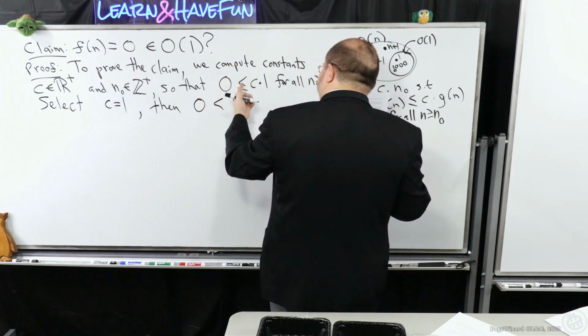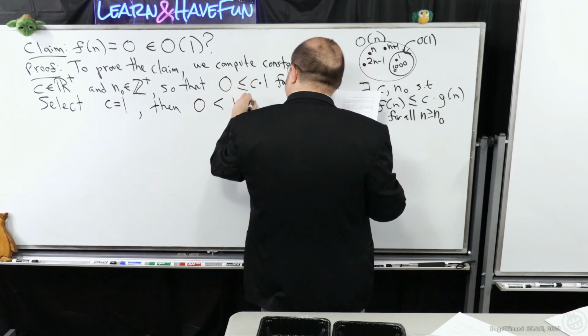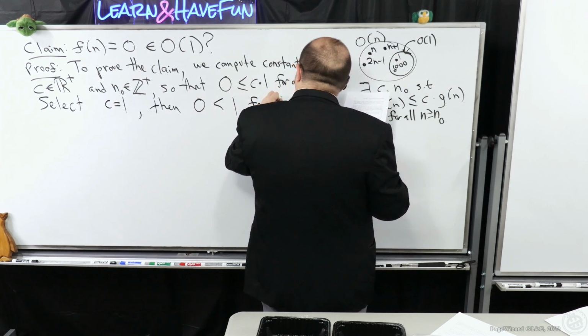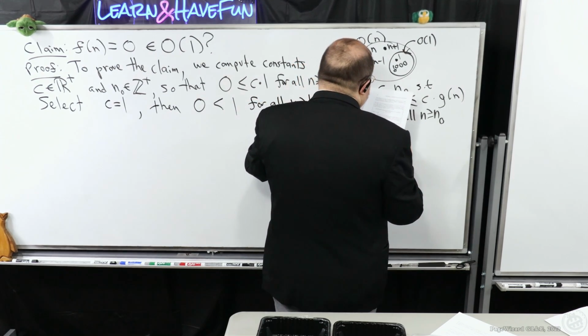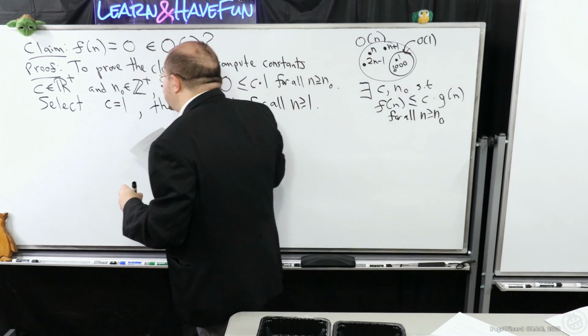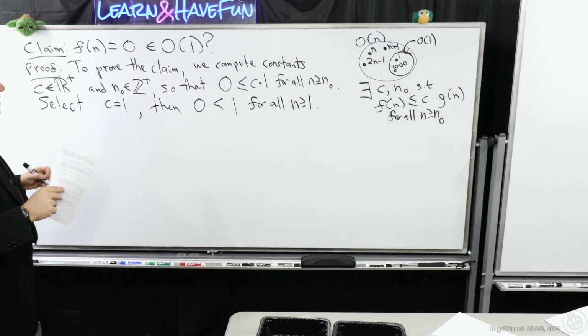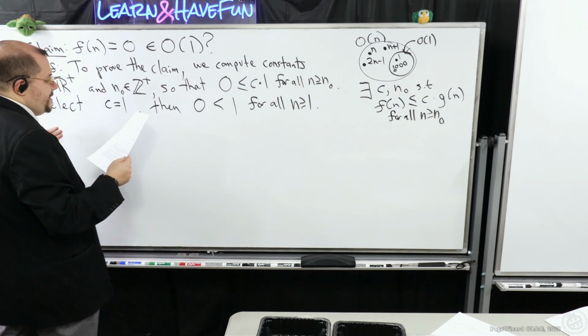Which is a subset of this statement, for all n greater or equal to 1, right? That's what it says. But that means that I'm satisfying the inequality always.